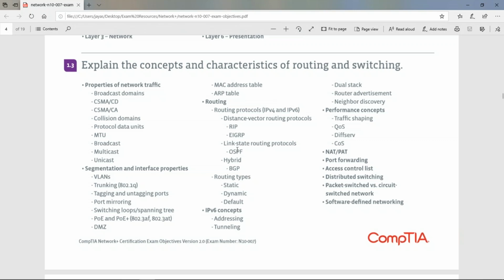So that's why I'm telling you guys, since this is on this exam, make sure you do your homework on this stuff and understand how your network is going to operate if it's using a distance vector routing protocol versus link state, right? In which situation would you want to use a distance vector routing protocol versus link state and hybrid and all that stuff, okay?